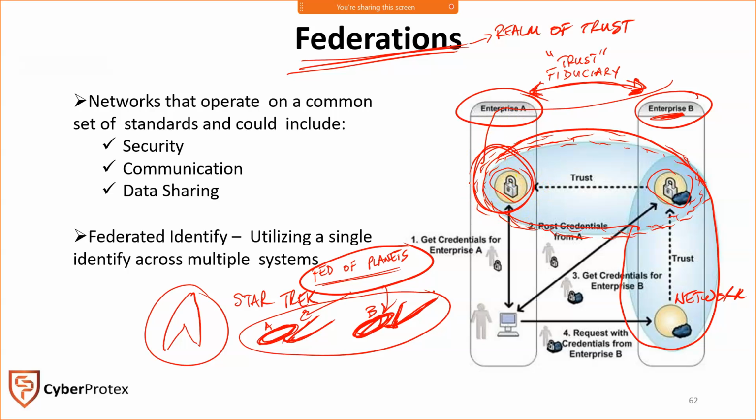And what does this mean? This means that both of these companies have an Active Directory server. And at some point, there was some sort of key exchange that went on between the two.